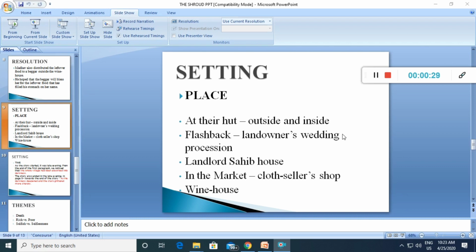We see a very poor family in this short story, poor as well as lazy, who don't want to struggle in their life, right? And this is how they have lived their life.